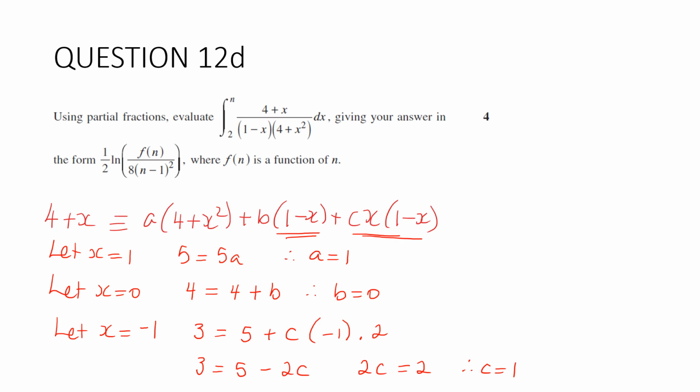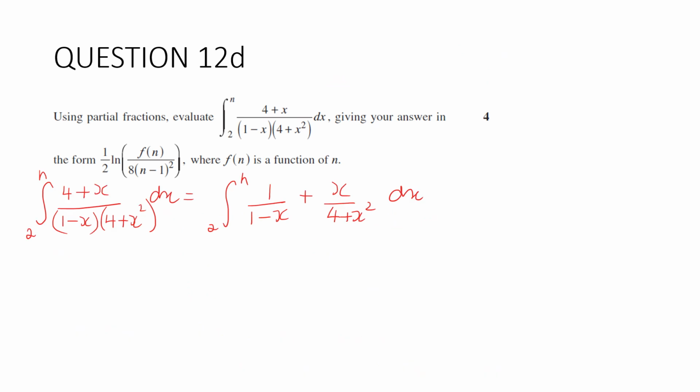And so, written in partial fractions, we're going to end up with 1 over 1 minus x, b is gone, and we need cx, plus x over 4 plus x squared, equals, let's integrate.